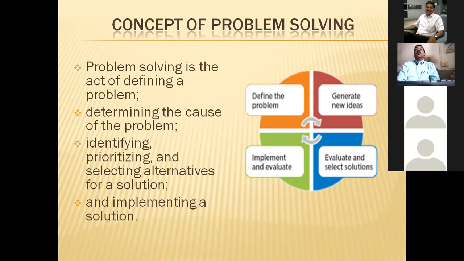Now, how to prepare a cup of tea is our problem. How can we solve this problem? Now, obviously we shall see the problem solving steps to prepare a cup of tea.